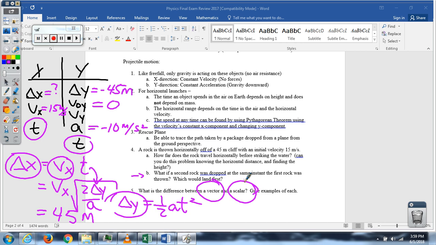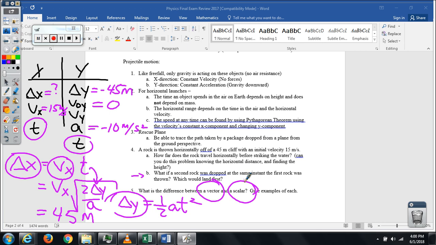The scalar quantities that we've seen this year: time does not depend on direction, mass, energy, work. These are all values. Now these values can be negative in some cases, like work can be negative, just like temperature can be negative, right?